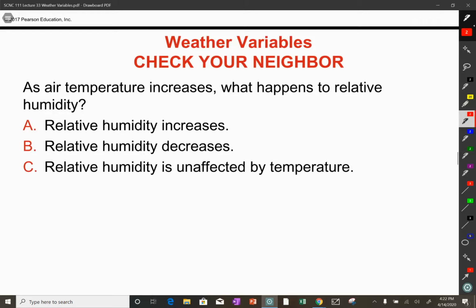Okay, so first question here, see if we understand what's been covered so far. As air temperature increases, as the air gets hotter, what happens to the relative humidity, assuming the moisture in the air stays constant? So this is for constant moisture in the air.